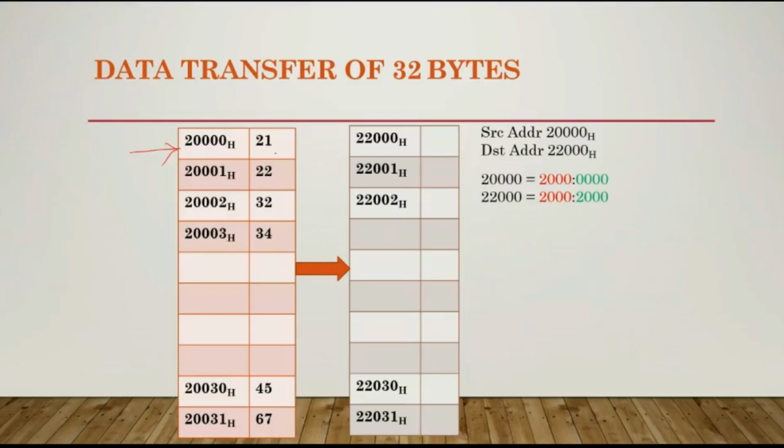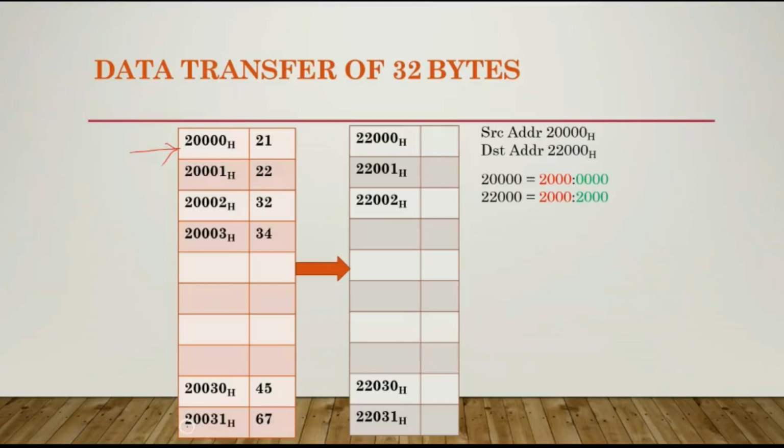This particular address has data 21H stored in it. Similarly, the next address 20001 has data 22H in it, 20002 has data, and so on. As I have to transfer 50 bytes, or 32H bytes, of data, I am looking into that many memory locations starting from 20000.